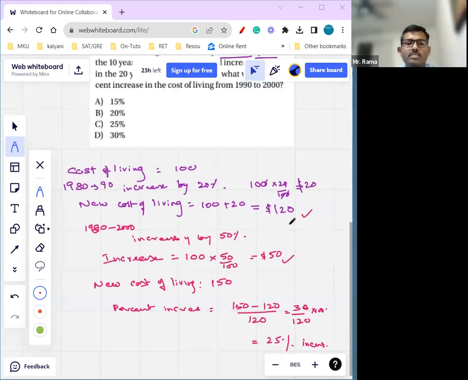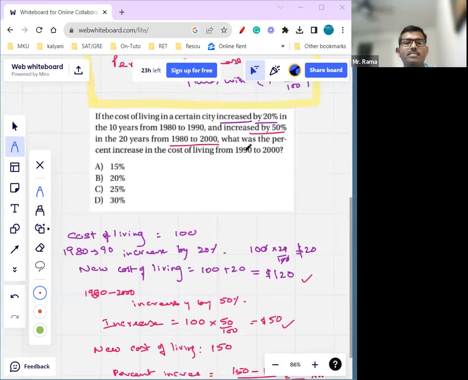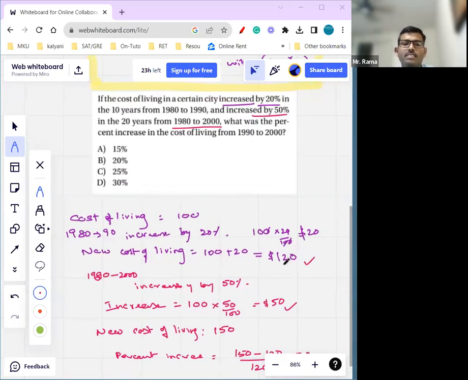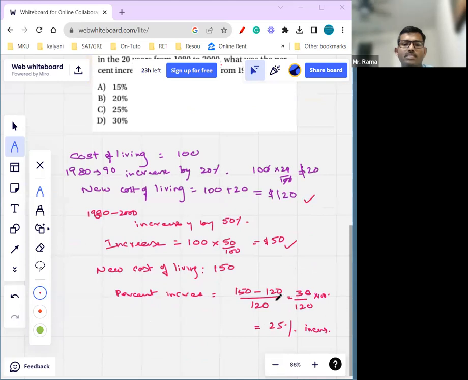So $30 is correct, but if the question says, what was the percent increase from 1990 to 2000, then we can't take it out of 100. If it is from 1980 to 2000, then yes, we can take it out of 100. But since it is 1990, and 1990 is 120, that's your starting cost.